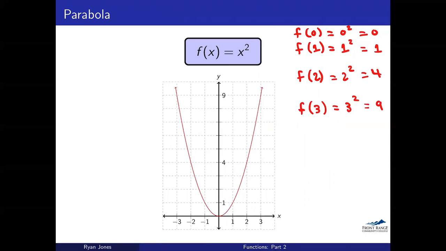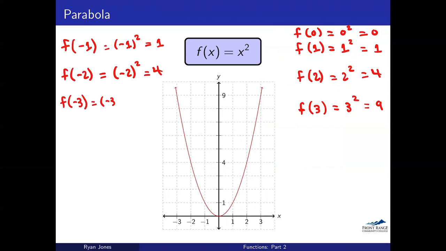And then what I'll also note is that f of negative 1 is equal to negative 1 squared, which is positive 1. f of negative 2 is negative 2 squared, which is positive 4. And f of negative 3 is negative 3 squared, which is positive 9.